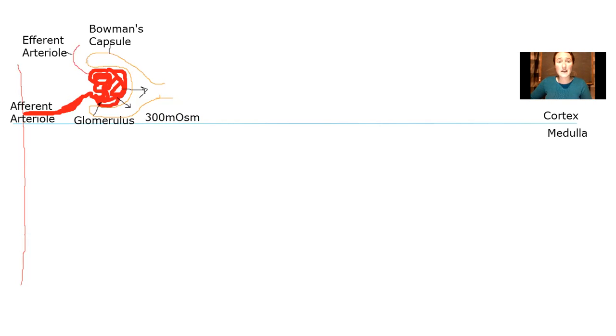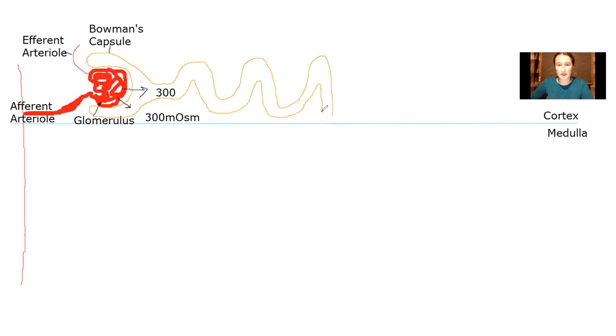With that in mind, the filtrate at this point, right, that we have literally just made is also 300 milliosmoles, right? So whatever solutes were in the blood are now also in the filtrate. Okay, and so the filtrate entering into this next portion of the nephron is 300 milliosmoles.